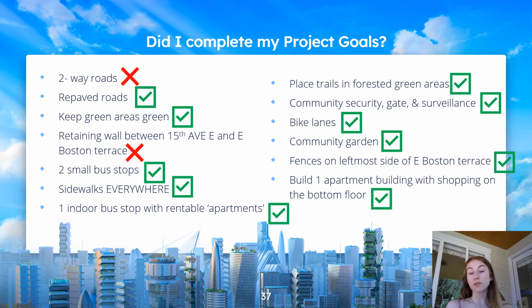Having retaining walls may look good and may improve certain aspects like the safety. I didn't have evidence to back up why they were specifically needed. The two-way roads that I originally thought would be good for the city didn't end up happening because I wanted to include bike lanes and safe sidewalks for everyone.